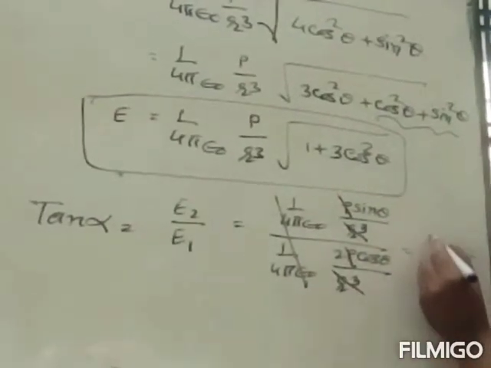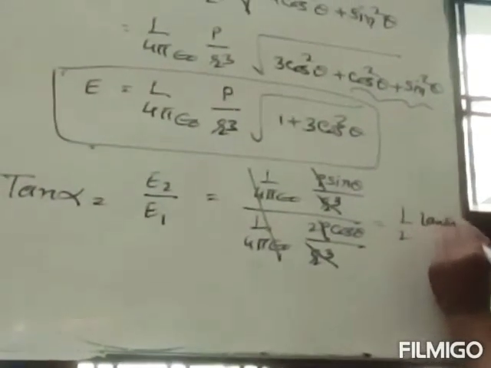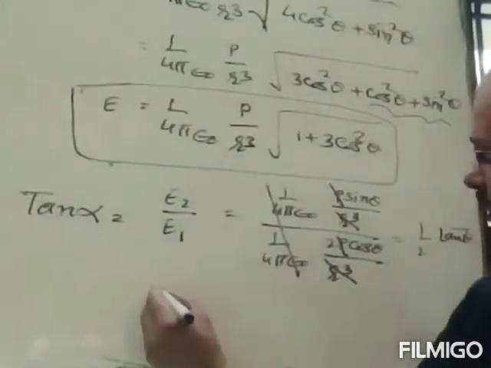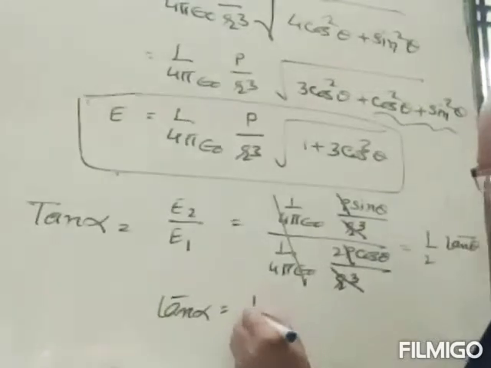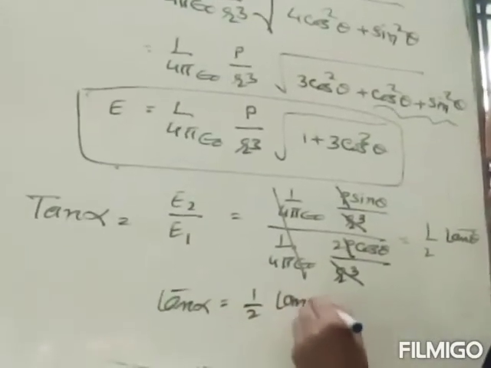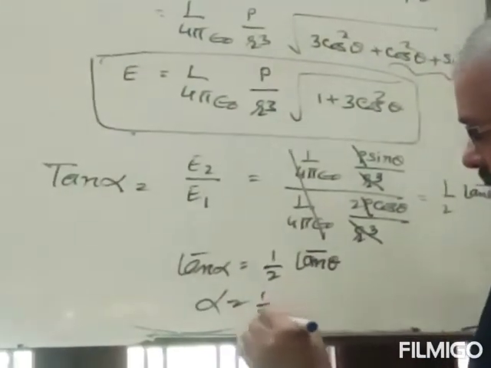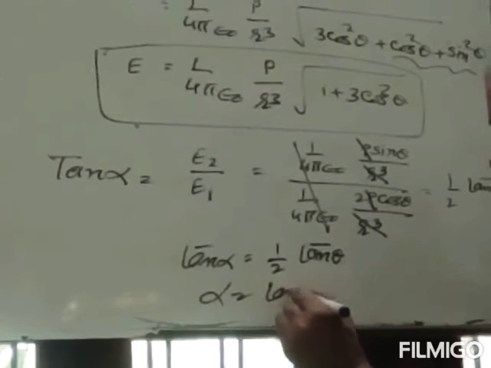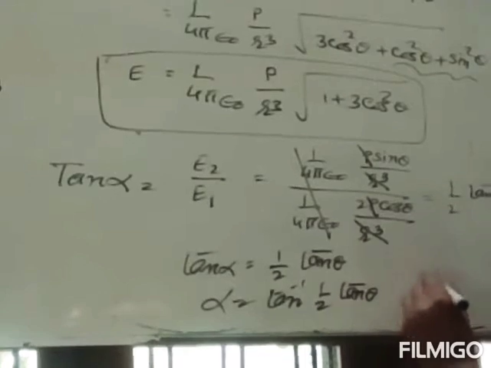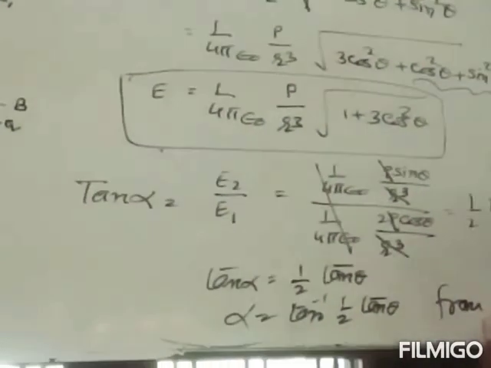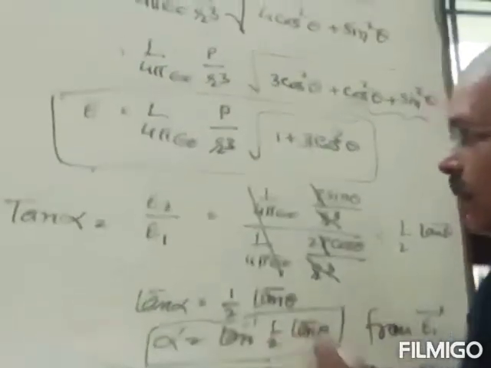So it is 1 upon 2 times sin theta by cos theta, which is tan theta. It means tan alpha is equal to half of tan theta. So alpha is equal to tan inverse of half of tan theta from E1. So this is the direction of the net electric field intensity from E1.